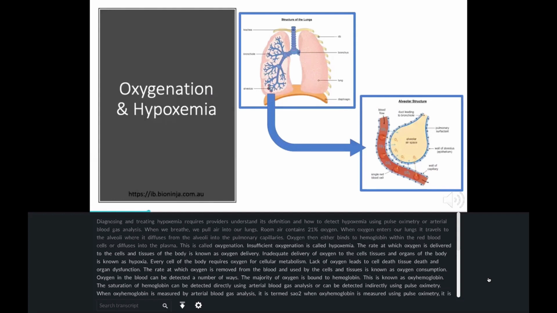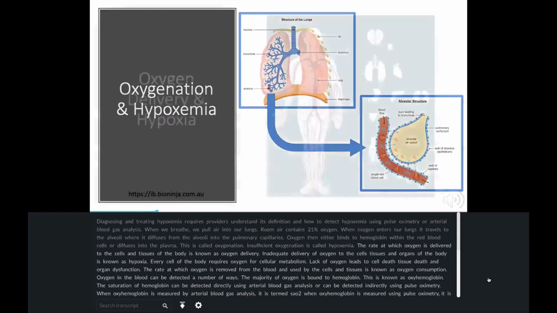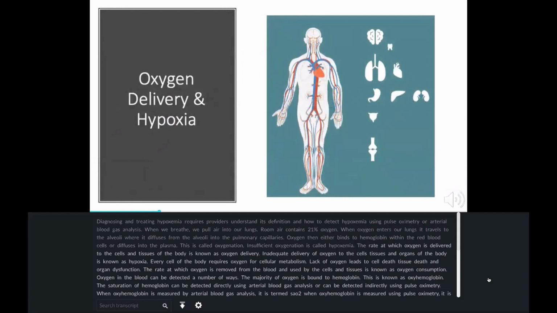This is called oxygenation. Insufficient oxygenation is called hypoxemia. The rate at which oxygen is delivered to the cells and tissues of the body is known as oxygen delivery. Inadequate delivery of oxygen to the cells, tissues, and organs of the body is known as hypoxia.